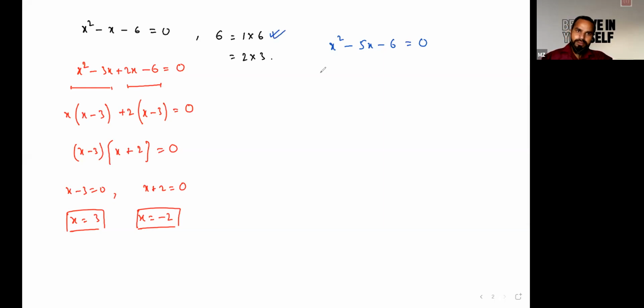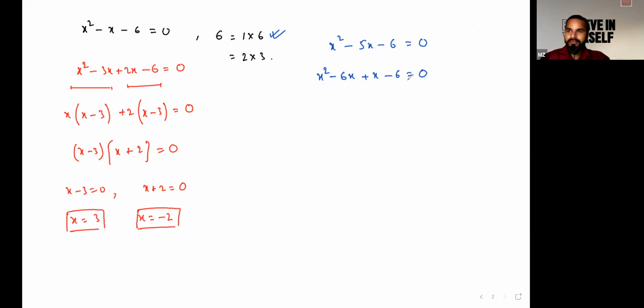Okay, so you can write x square minus 6x plus x minus 6 is equal to 0. Remember one thing, while you split up the middle term, check whether all of the terms are in pairs or not. Just see, in this particular expression, we have 2 positive and 2 negative.